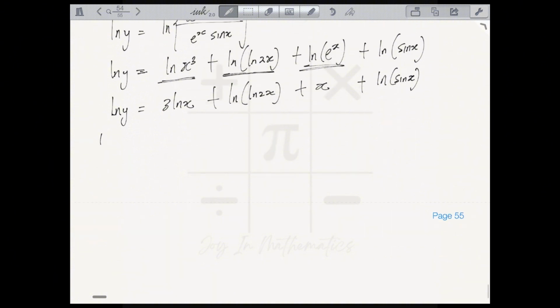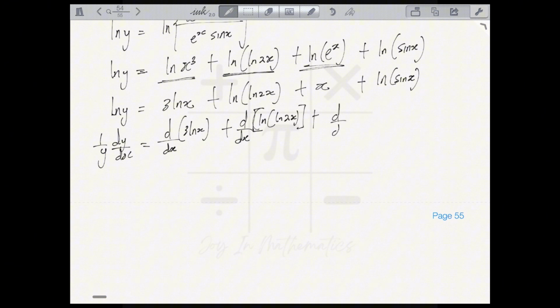So this is 1 over y dy dx is equal to d dx of 3 ln x plus d dx of ln 2x plus d dx of x plus d dx of ln sine x.